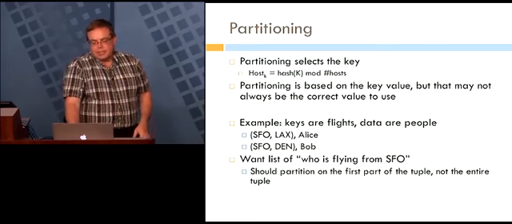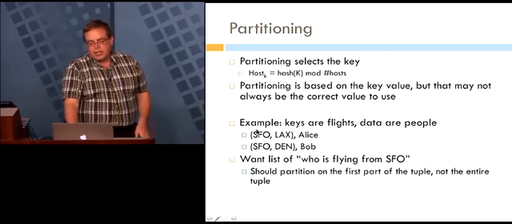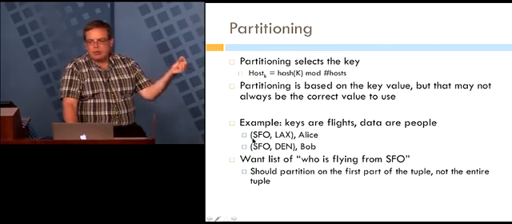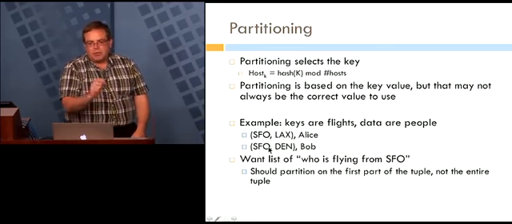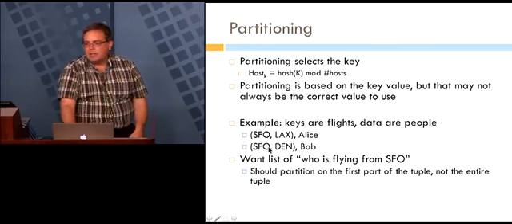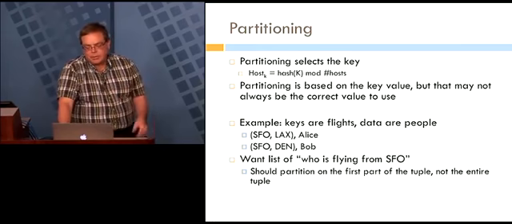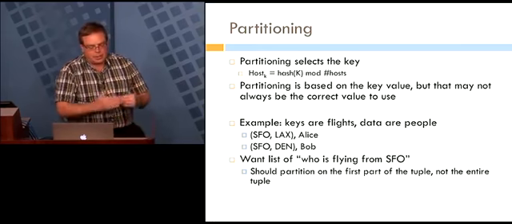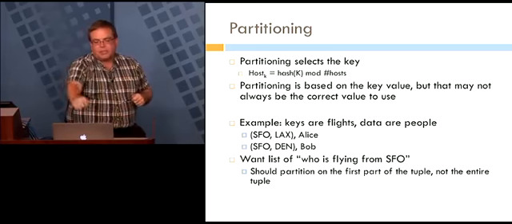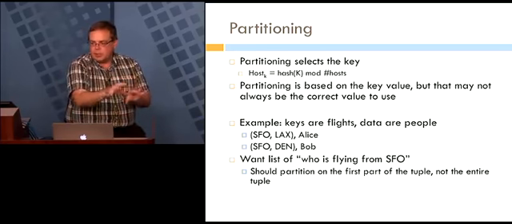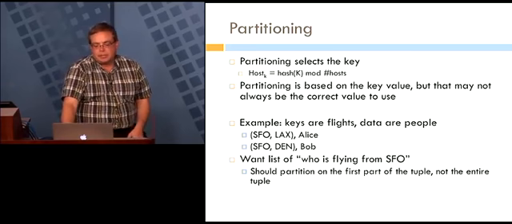So in this case, what I would do is write code that would tear apart this tuple and return the hash of the first segment of the flight, right? Again, it's because you're planning on doing something where you want all the same originating flight destinations on the same node.